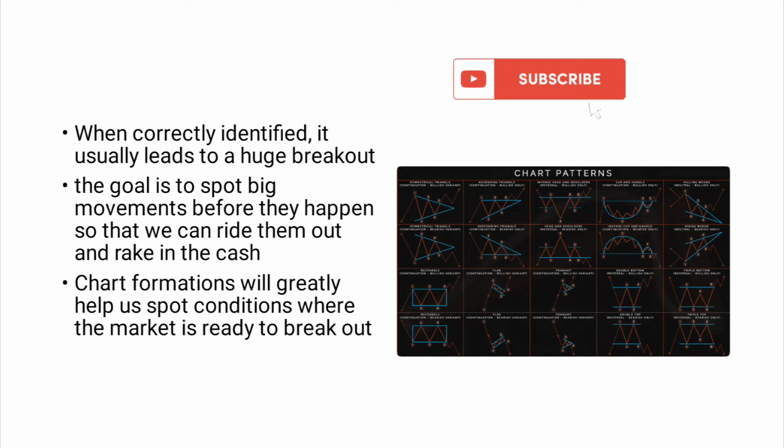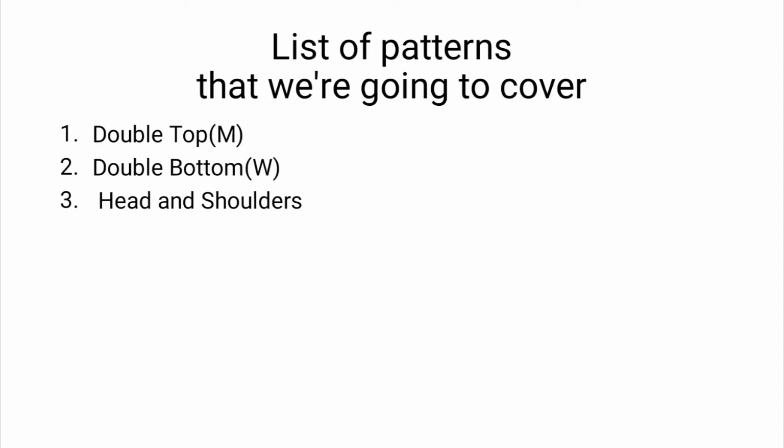Chart patterns are usually points of interest, and in this video I explain that we can actually see these chart patterns on what we call peak formations. Peak formations, guys. The chart patterns which I'm going to cover in this video are the double top, the double bottom, and the head and shoulder.